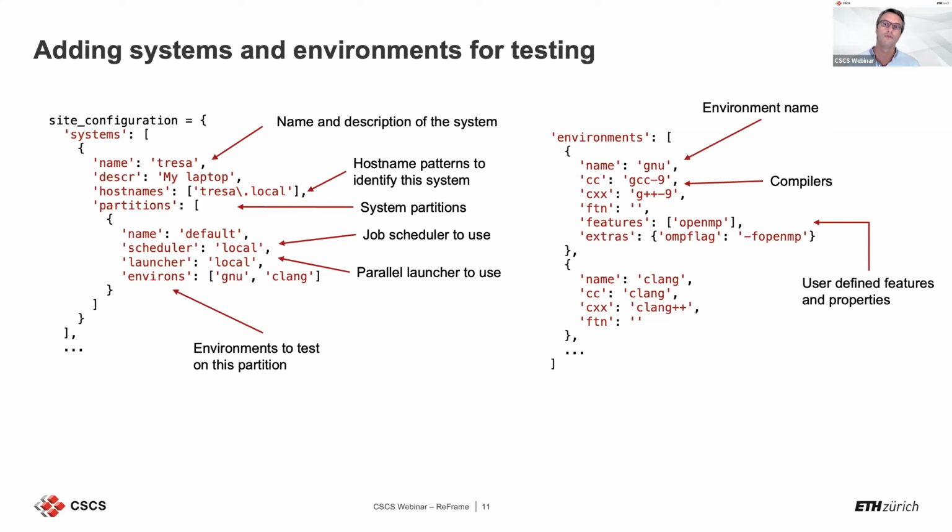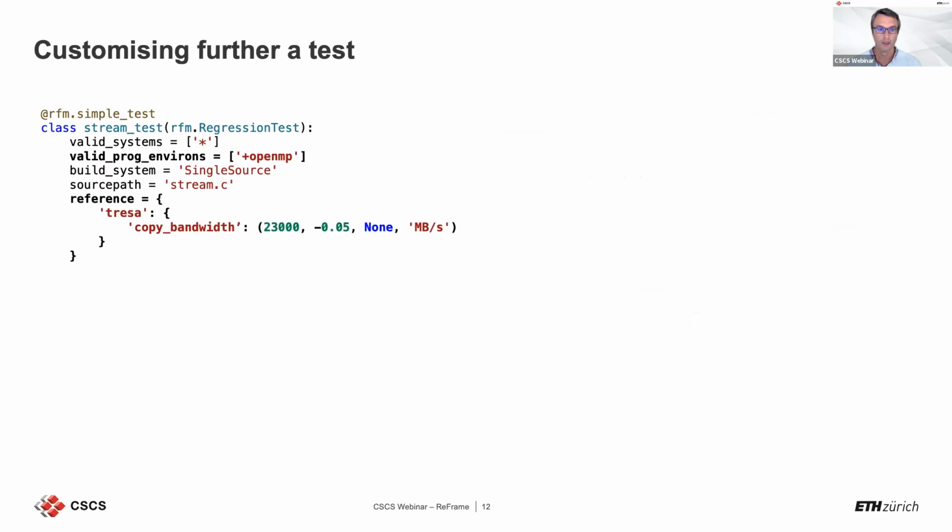So in the way that you define your environments, you make it consistent. Eventually, you can use this extended syntax that I'm going to show you in valid systems and valid prog environments, so that you can select tests based on features or extras and specific values, and you don't have to match them with the name of the environment.